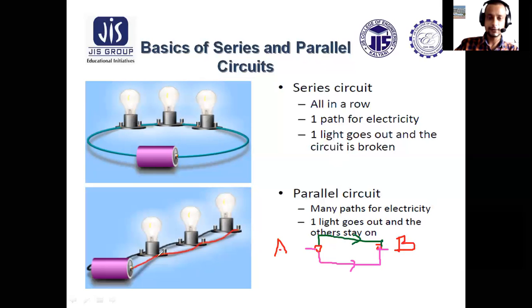Based on this fact, see, this is the battery terminal. Suppose this is the positive terminal of the battery and this is the negative terminal. In the last class, I told you about a short circuit path, this is a short circuit. There is nothing in between this point and this point, so these two points may be considered the same point.